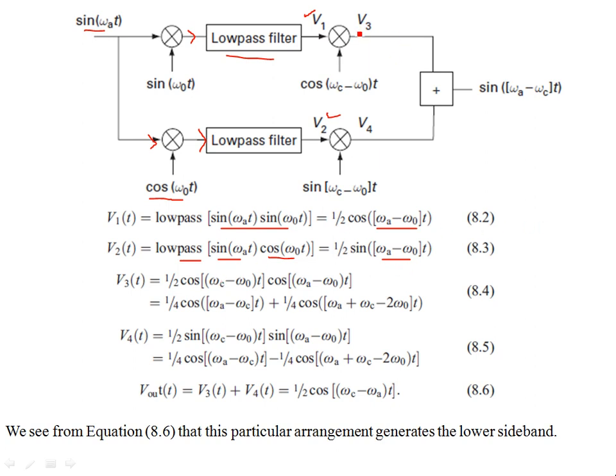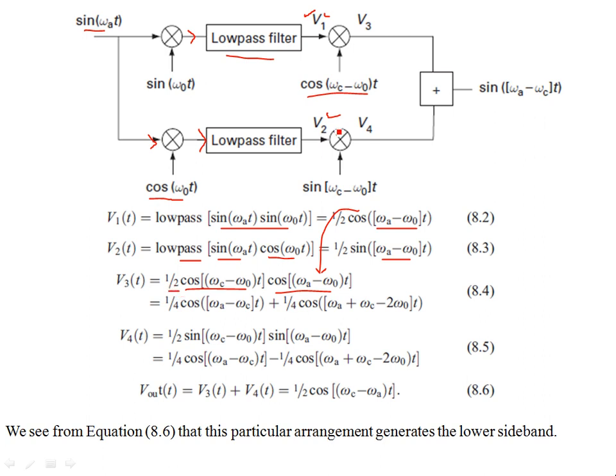Then V3 is again a mixer output. So you mix V1 with cosine omega c minus omega naught. Over here you can see that you have this term cosine omega c minus omega naught, and this term comes here, right? So this is here cosine omega A minus omega naught with a half.